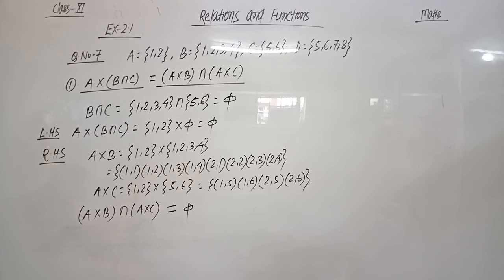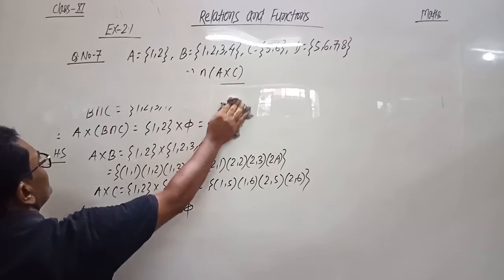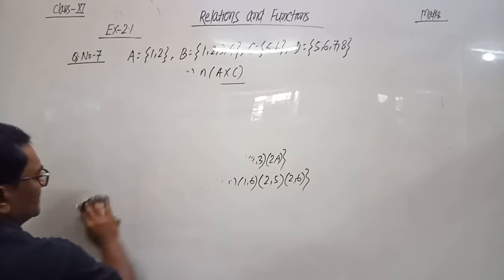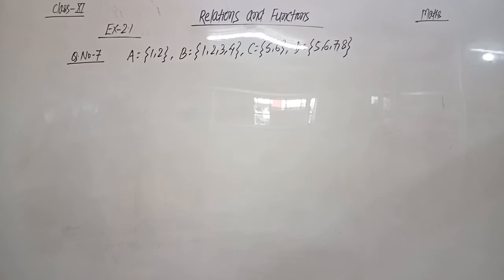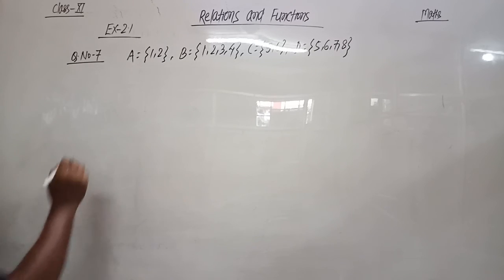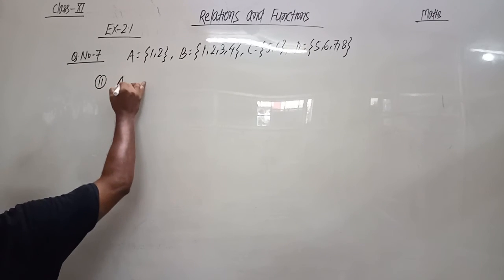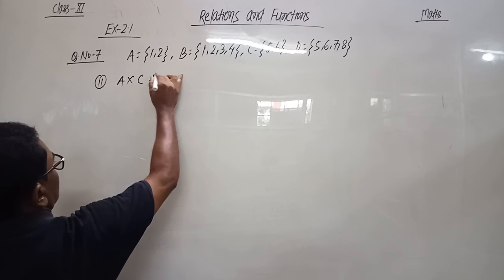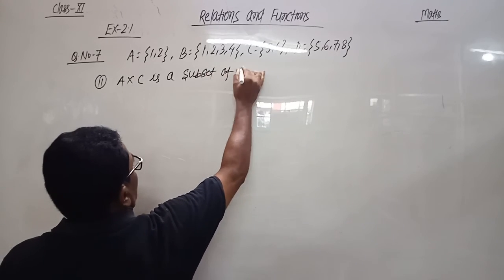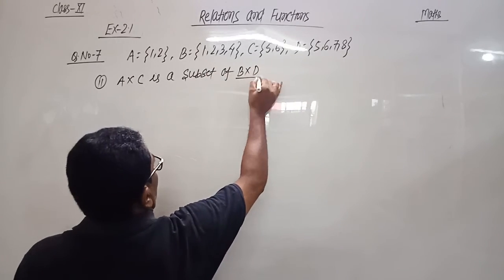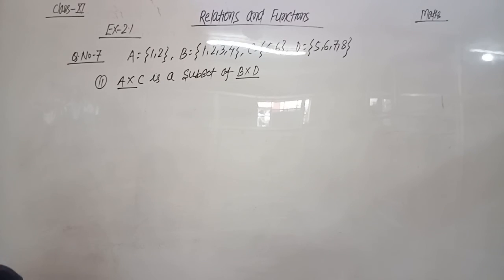Now the second result we have to verify. The second part is A cross C is a subset of B cross D. We have to verify this result.